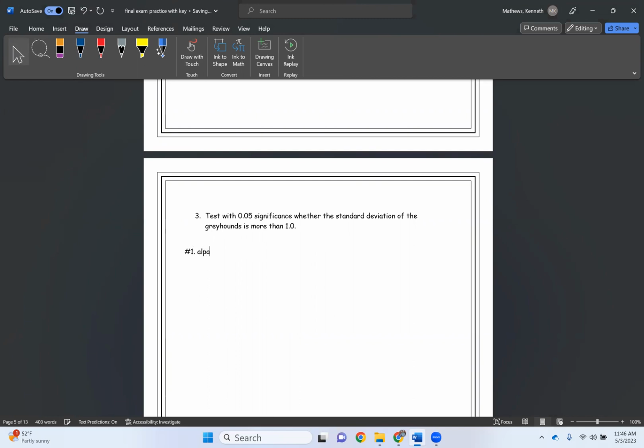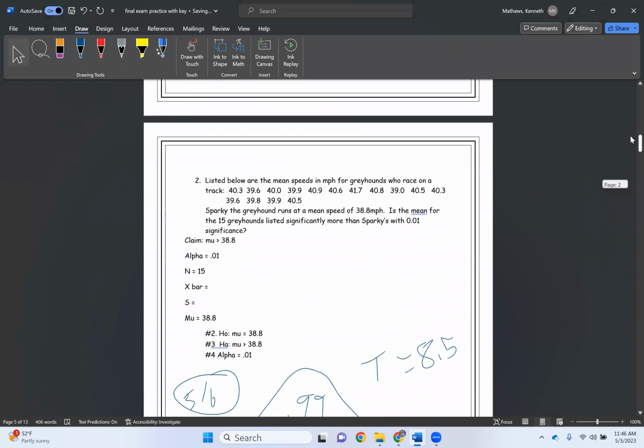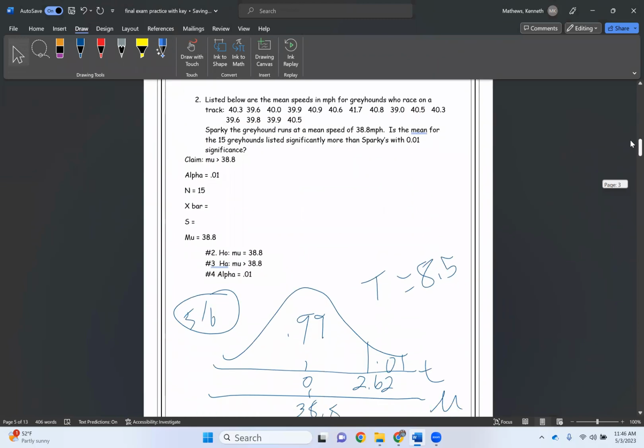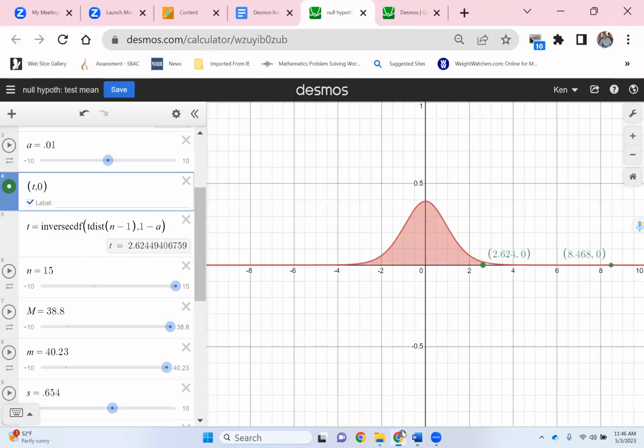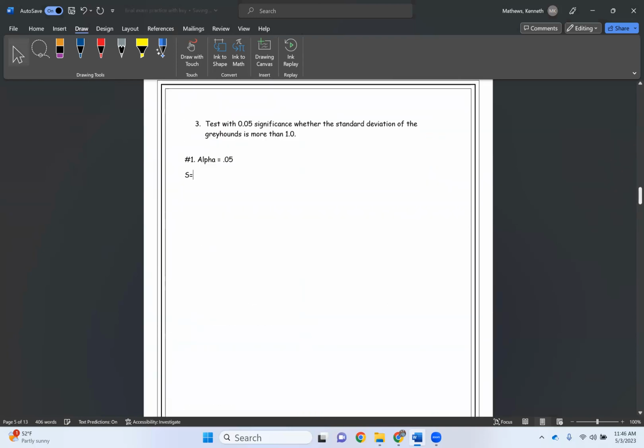That alpha equals 0.05. That S, which was the standard deviation of the sample, I have to go back to the Desmos, was 0.654. Sigma, which we're testing it against, is 1.0.